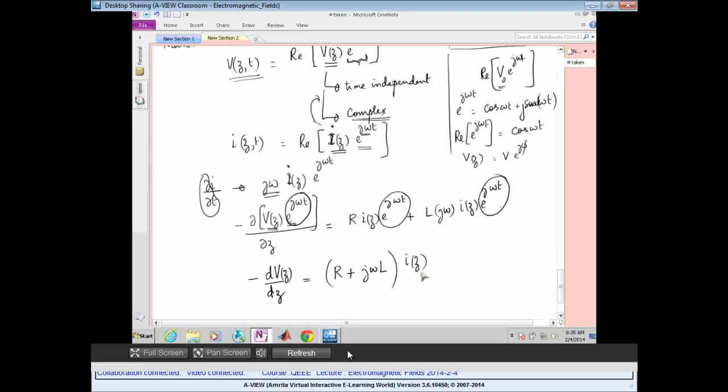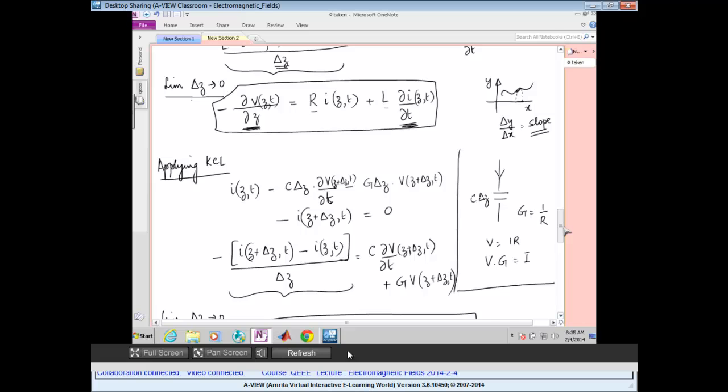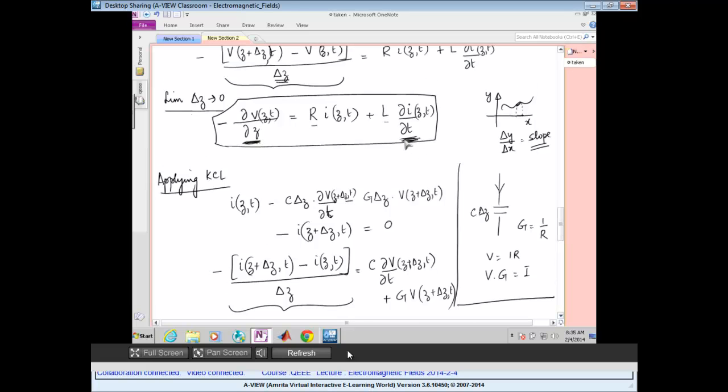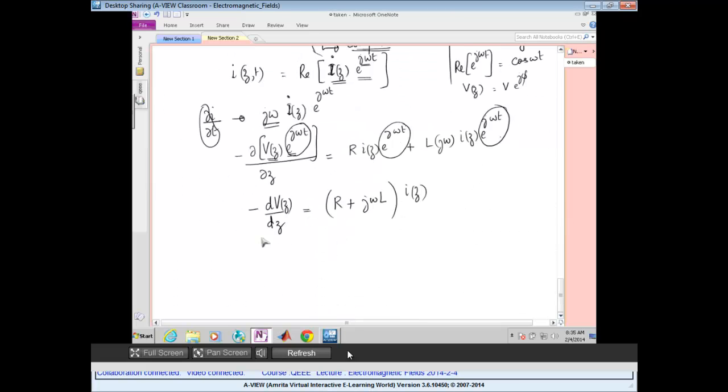So from the first telegrapher's equation, which had derivatives with respect to space and time, what we have done now is we have reached the equation, but with only a derivative of space. There is no derivative of time here, because we used a sinusoid, single harmonic, and used the phasor notation.